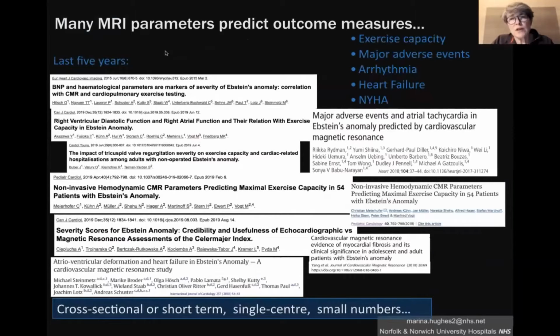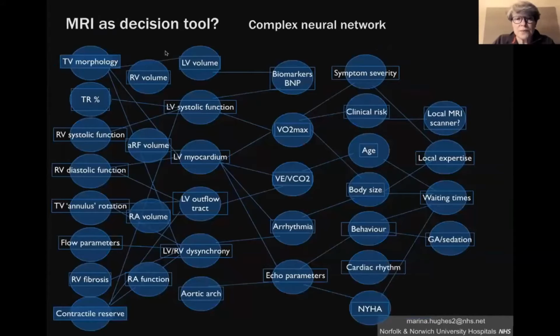And so now there's quite a large repertoire of studies, admittedly cross-sectional, mostly short-term, almost all single center and relatively small numbers. But these do show that MRI parameters can predict exercise capacity, adverse events, arrhythmia, and heart failure.